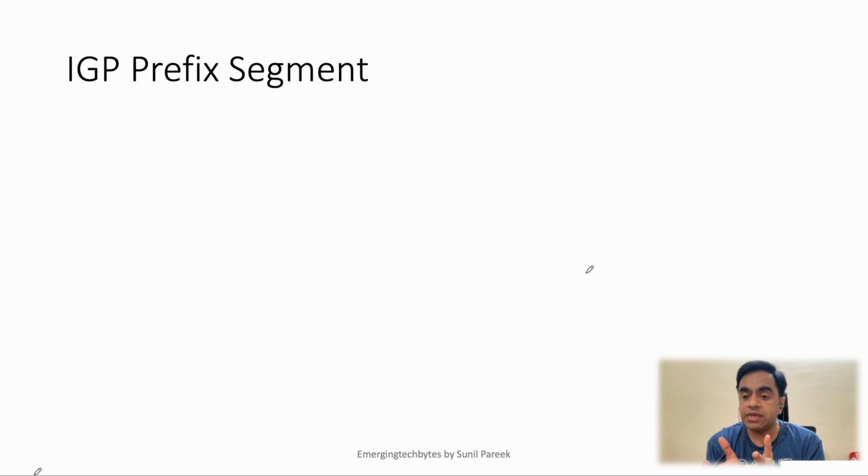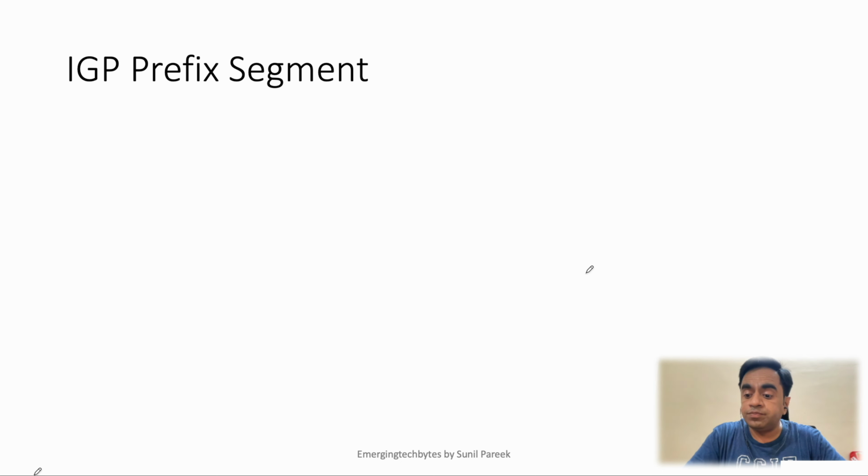So as I was saying, you can have multiple prefixes allocated on a router. You can have multiple loopbacks, you can have multiple interfaces where the IPs are assigned, and your IGP by default distributes all these prefixes' reachability information.